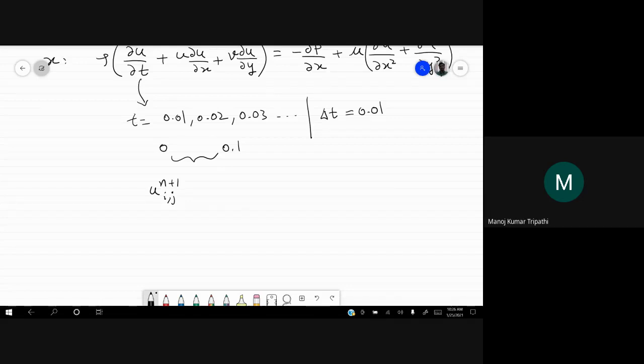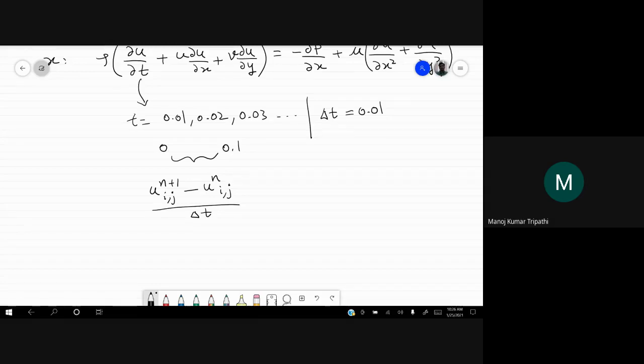Let's say the next time step is represented by n plus 1 and the current by n. So you will write with a forward difference formula, u^(n+1) at i,j minus u^n at i,j, by delta t. This is the forward difference formula for dou u by dou t.